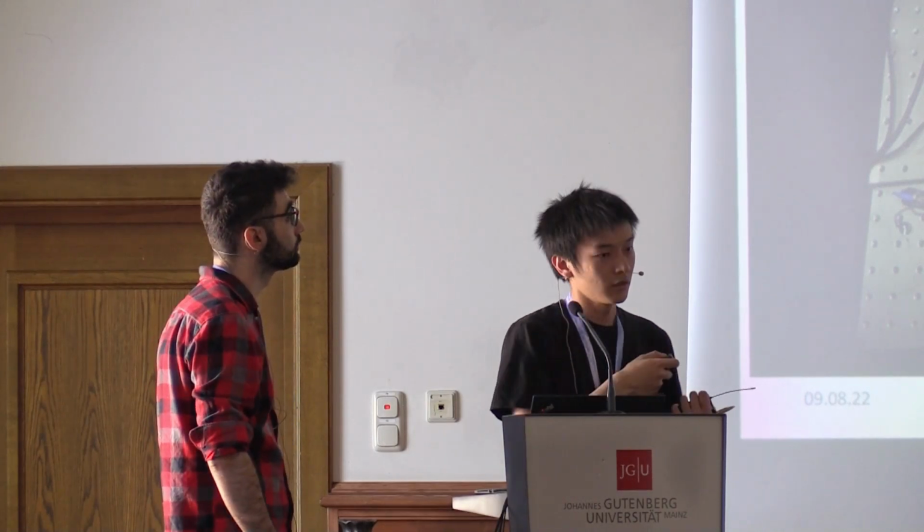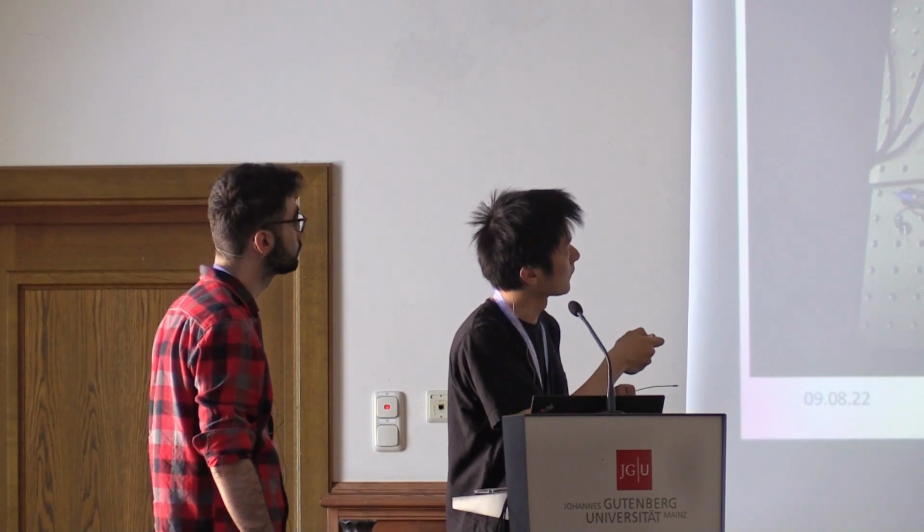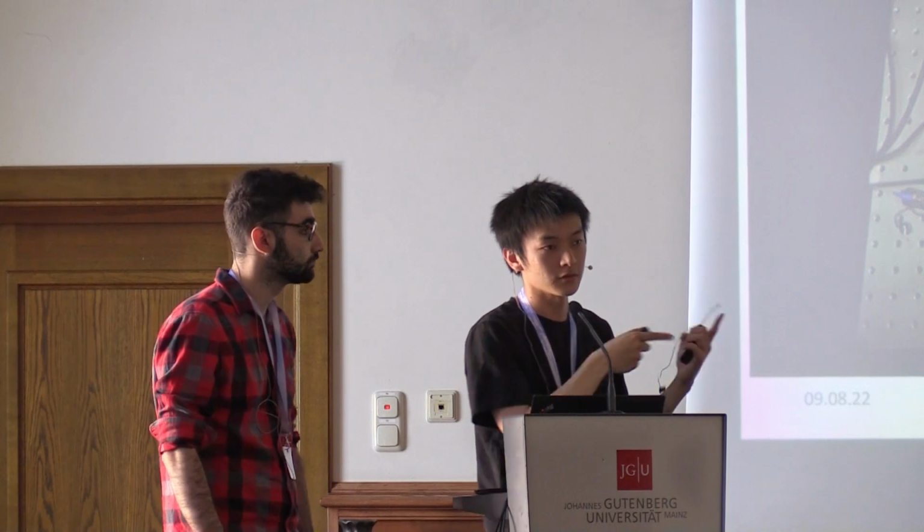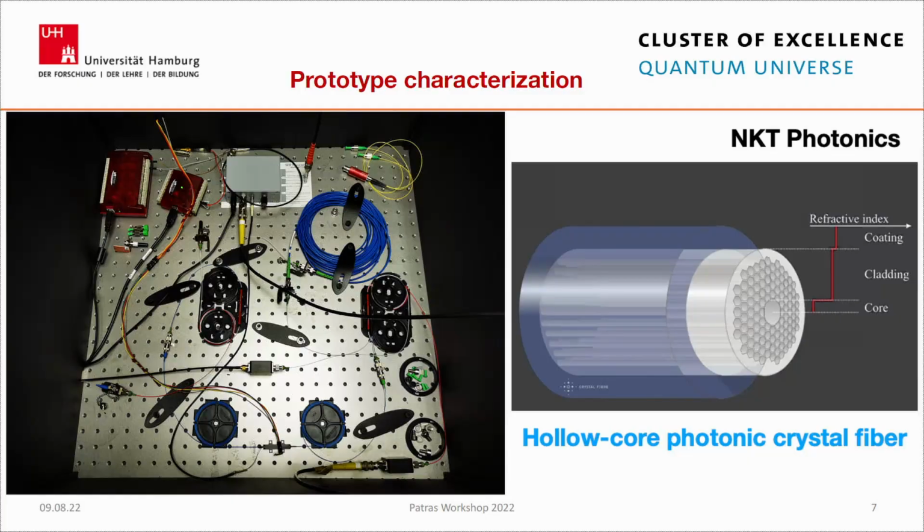We have two scenarios. The first, shown here, is step index fiber, a normal fiber used for communication. We are also planning to use photonic-crystal fiber, which has a hollow core.